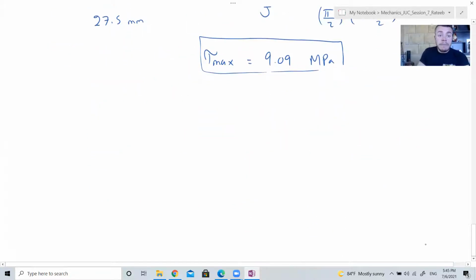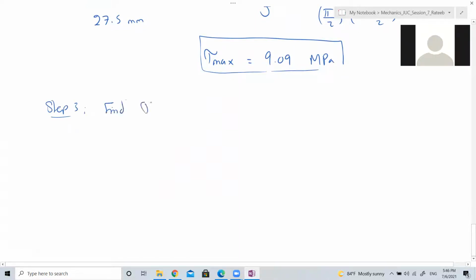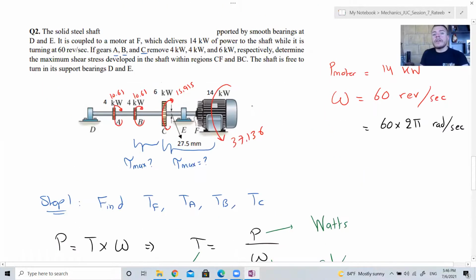Let's move on to step 3, which is to find tau max in BC. What is the torque in BC? What do I need to do? Take a cut. Yes, we take a cut on BC.